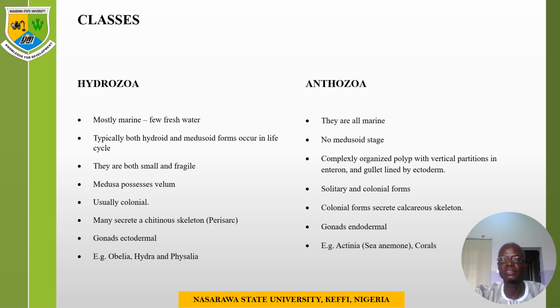They are solitary, and there are also colonial forms. The colonial forms secrete calcareous skeletons that bind them together. Gonads are found in the endoderm. Examples of Anthozoa are Actinia, also referred to as sea anemone, and we also have corals.